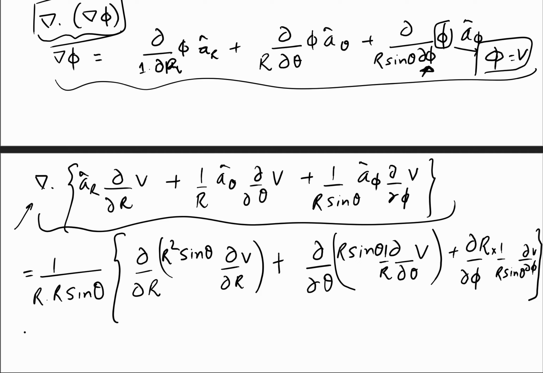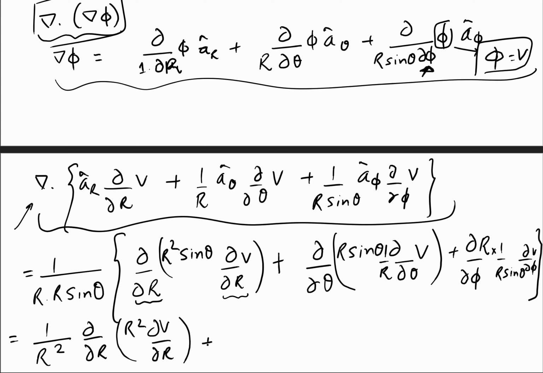Now we need to solve it further. So this is equal to 1 by r square dou by dou r. Now this sine theta can be taken inside because it is not depending on r, and on solving we will have r square dou v by dou r, plus 1 by r square sine theta. This r square sine theta I have taken inside here.